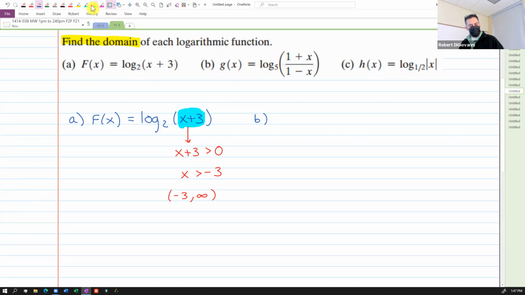For g of x, this is what's inside the logarithmic function, that whole thing. We need to make sure that whole thing is bigger than 0. Now, what type of inequality is that?